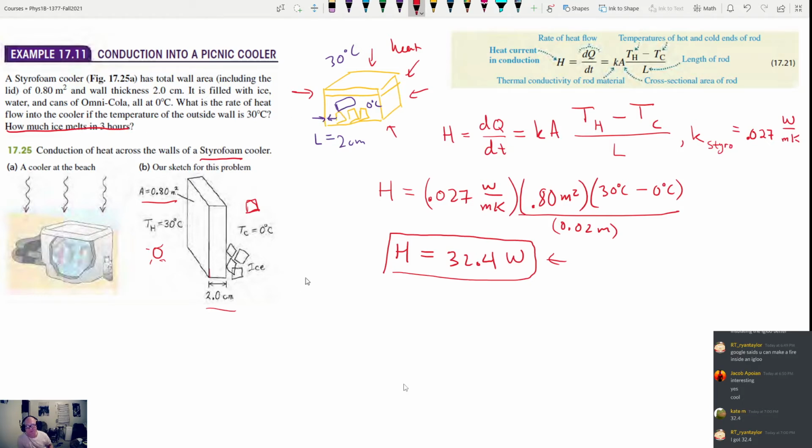So let's see. How much ice melts in 3 hours? Can you all tell me, how might we do that? How could we figure out the mass of ice that melts? We can use the MCAT equation. Sounds good to me. That says that Q is equal to M times C times delta T. How are we going to get Q?